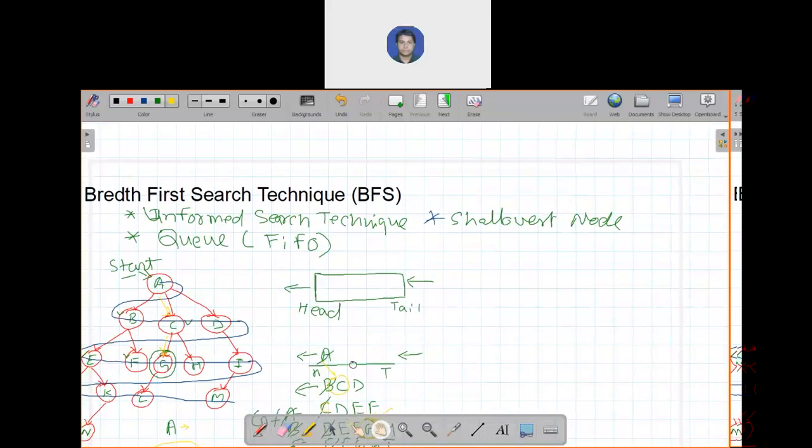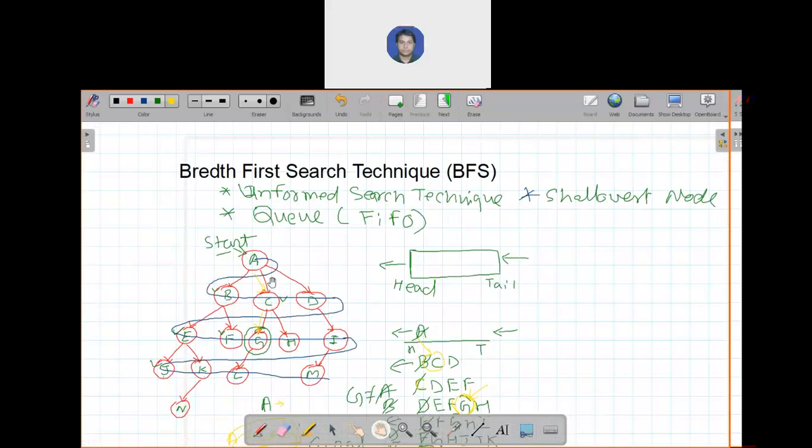It starts from state A, then explores all the elements of the next level, which is B, C, D. After exploring this whole level, it starts exploring the next level, E, F, G, H, I. It completes one level, then starts the next level, so we call this the level by level searching technique.